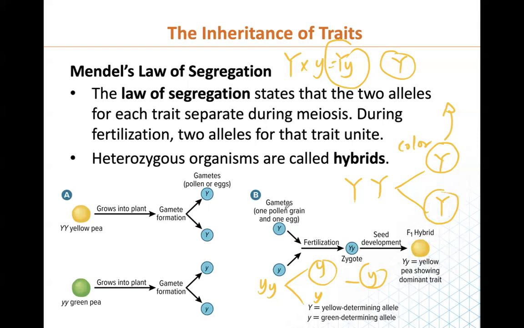So that's the reason it says one pollen grain and one egg. Then they fuse together, and it forms a zygote, which is a hybrid, and it develops a seed which is yellow, because there is one dominant allele for the color yellow in it. So this is the reason why we have it that way.